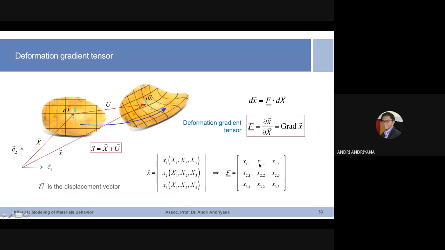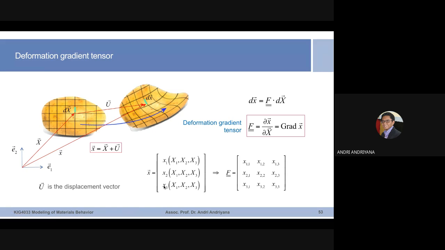For x1,2, you get it by differentiating the component small x1 with respect to large X2. You put it here. Similarly here, x1,3 is where you differentiate small x1 with respect to large X3, the initial positions. Which means that you can get the expression of each component of the deformation gradient tensor if you know what x1, x2, x3 are here. Okay.